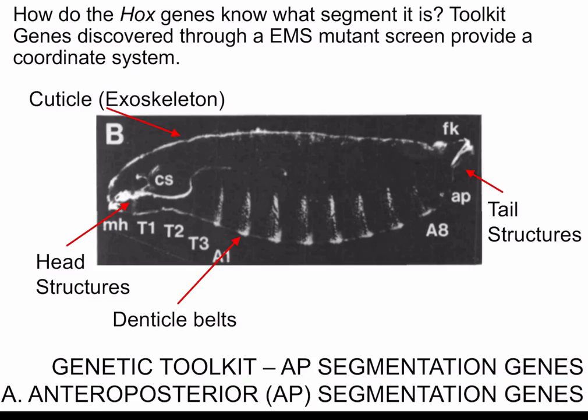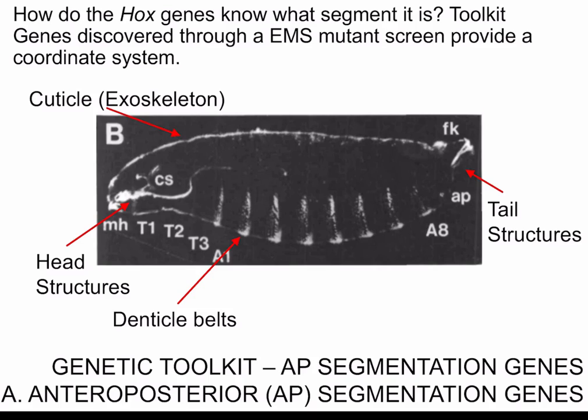And so the Hox genes act by being expressed in the segment whose identity they control, and then binding to DNA and regulating all the genes that give a particular segment its identity. For example, all the genes that make halteres, or all the genes that make wings, and so on and so forth.